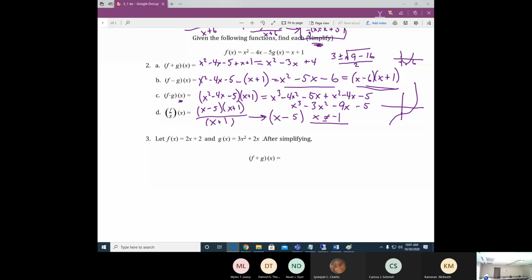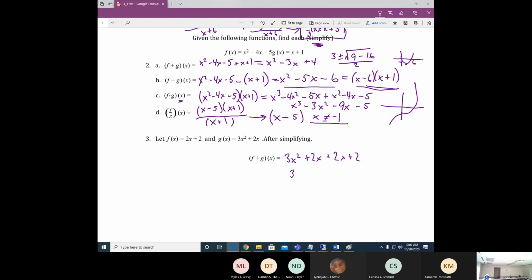Since I know I'm adding them, I'll start with the highest powers first. So I know it's 3x squared plus 2x plus 2x plus 2. I decided to add g first, and it is okay to change the order when you're adding.